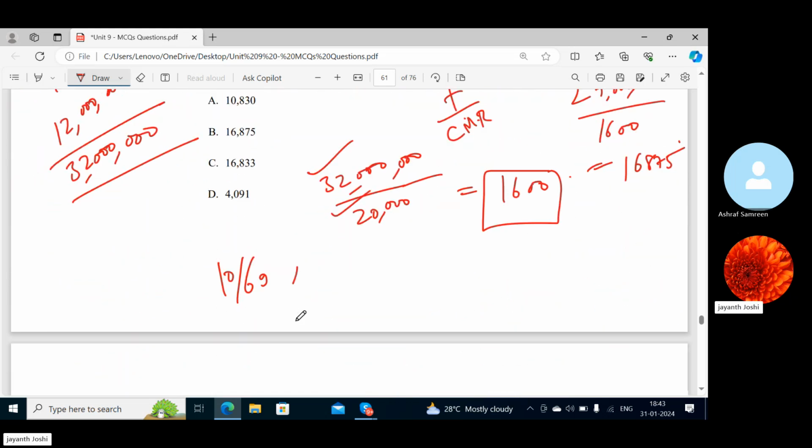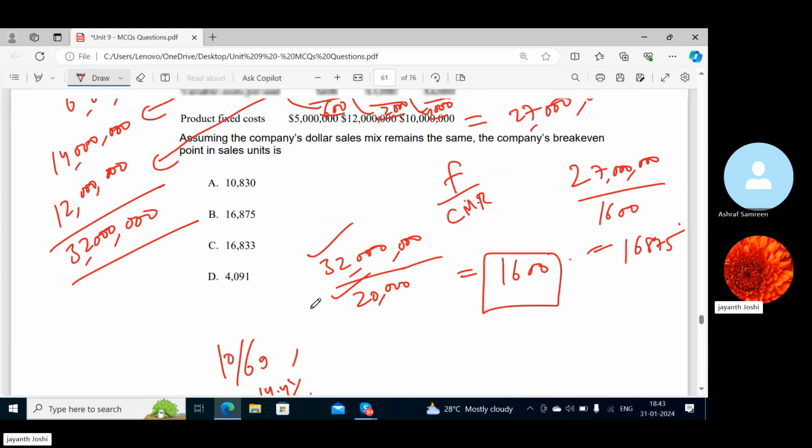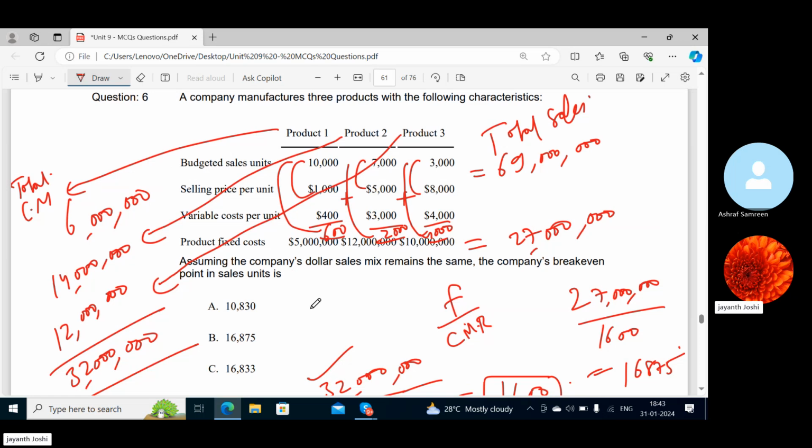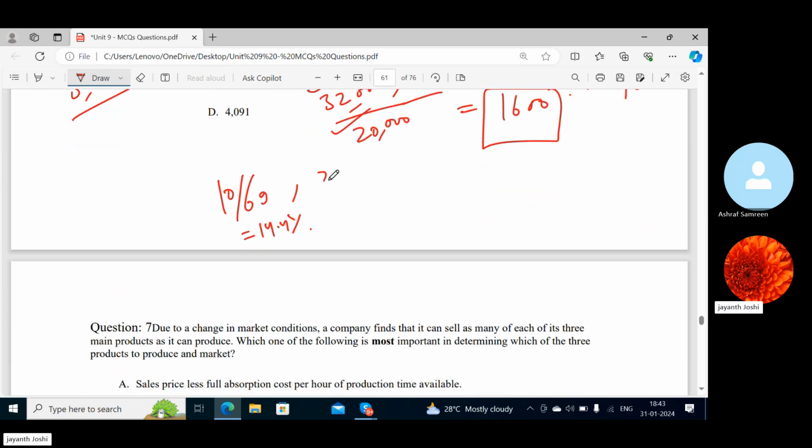So we will convert into percentage. 14.4%. Then second one also we'll find out the proportion of product 2 in the total sales. 35 by 69 and 24 by 69. 50.72%, and this one? 34.78%, right?